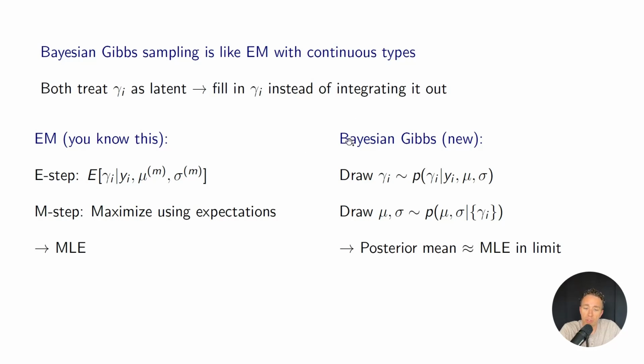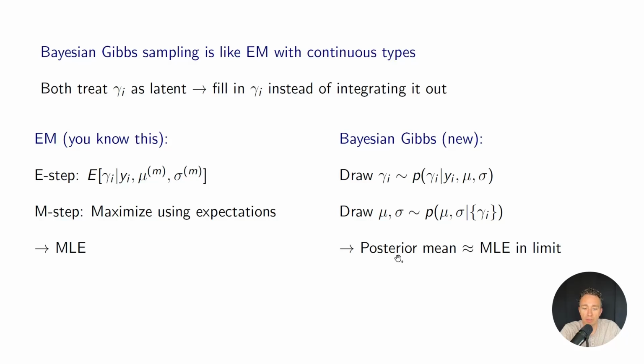With the Bayesian approach, we do something called Gibbs sampling, where we draw the gamma i's from the posterior distribution, and then we draw the mu and the sigma from the posterior distribution as well, conditioning on the gamma i's. And this posterior mean is going to converge, or approximately converge, to the maximum likelihood estimate in the limit.